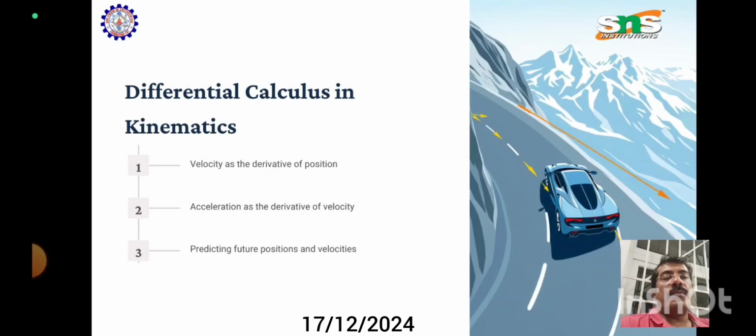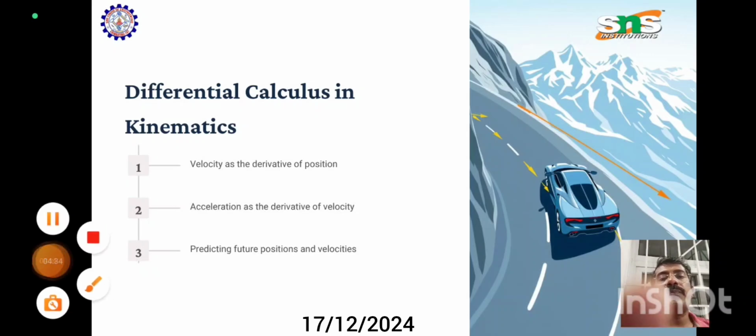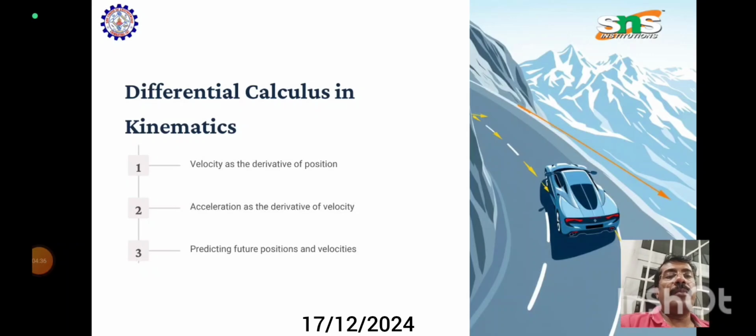The next one is predicting future positions and velocities. Taking into account the current data, the initial conditions, the present conditions available, we can work toward future ideas. That is, we can predict the future positions, velocities, or even further.